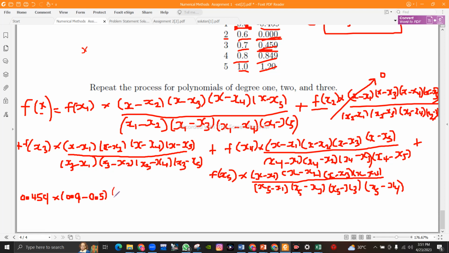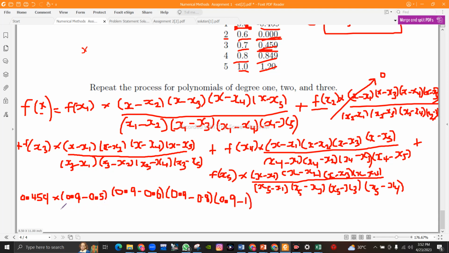Then x again, 0.9 minus x2. What's our x2? That's 0.6. And x again, 0.9 minus x4. What's our x4? 0.8. x again, what's our x? 0.9 minus x5, which is 1.